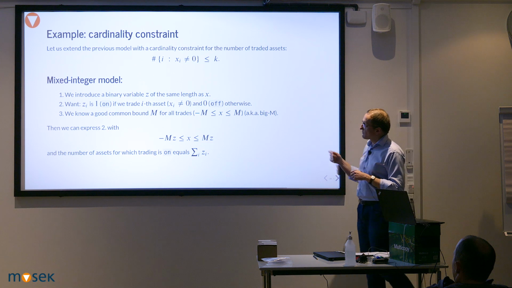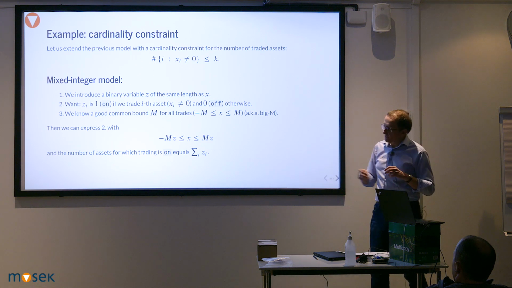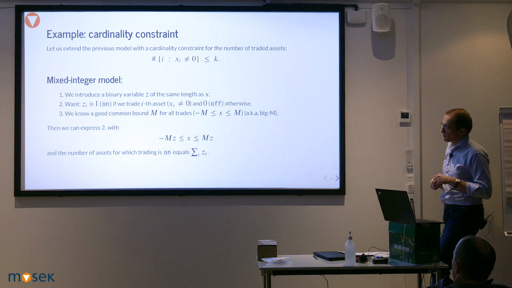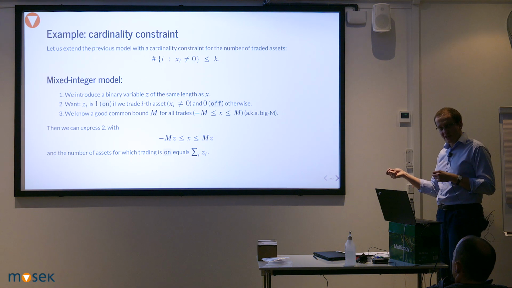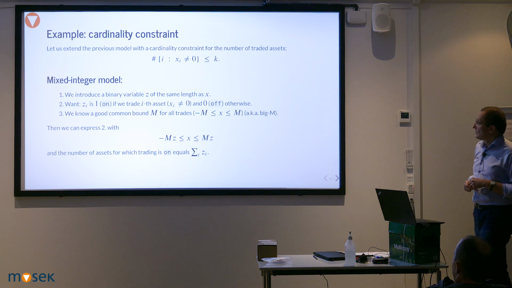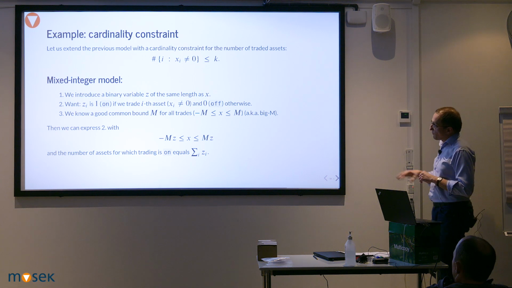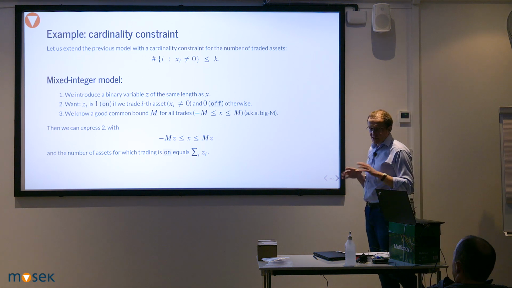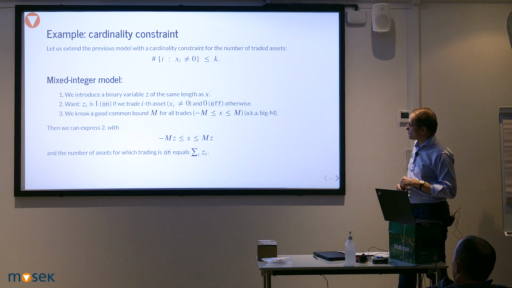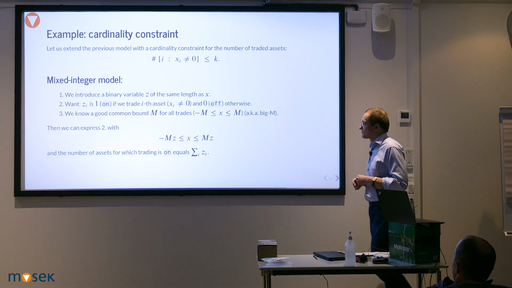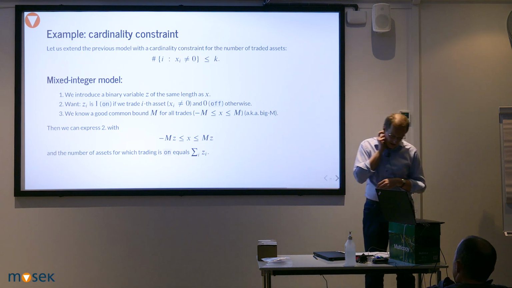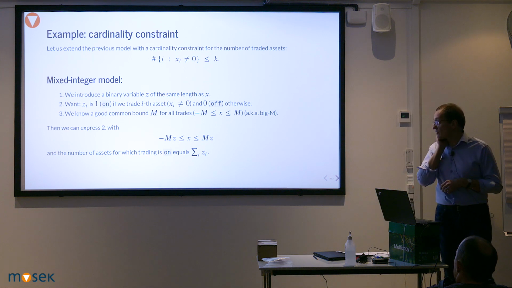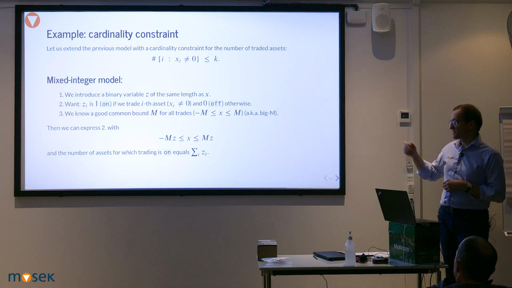We introduce a binary variable for every asset, which will be 1 if we are supposed to trade that asset and 0 otherwise. And as long as we know a good common bound for all the trades, which we kind of know because we already solved the continuous problem, or we may have another reason to know it, then this switching is just expressed by a pair of linear inequalities. If z is 0, it forces x to be 0.